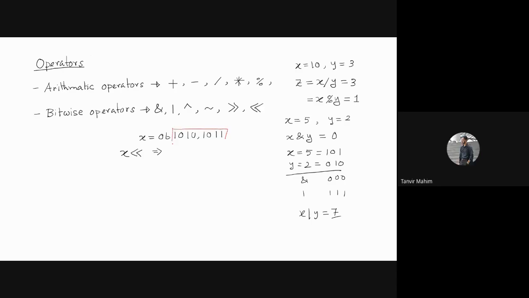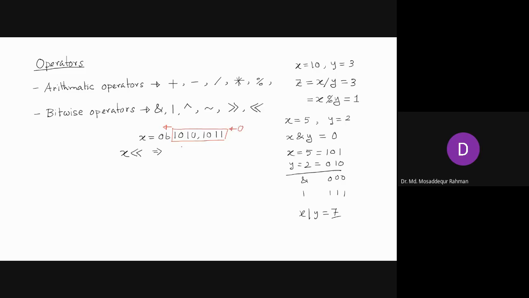The leftmost 1 will be cancelled out, it will be dropped. So left shift means the leftmost bit will move out, and all the bits will be shifted left. The right end will have an empty space, and that empty space will be filled up by a 0.